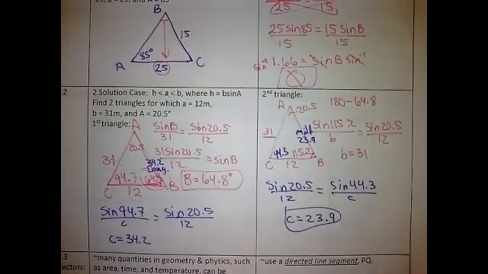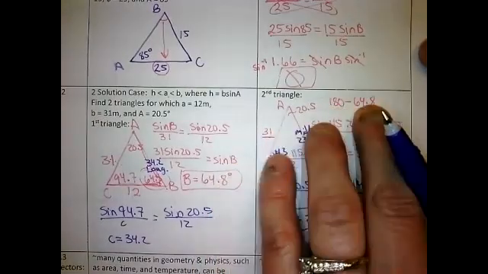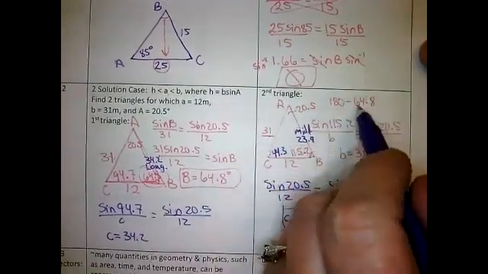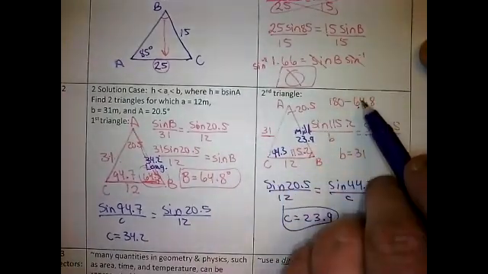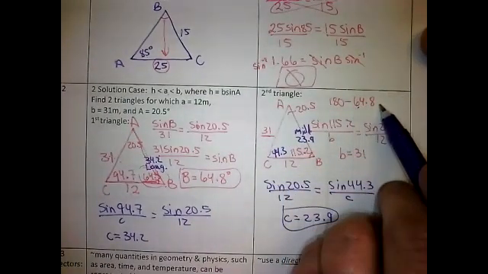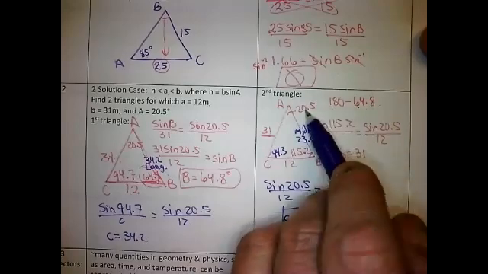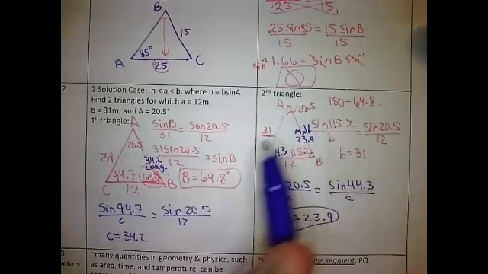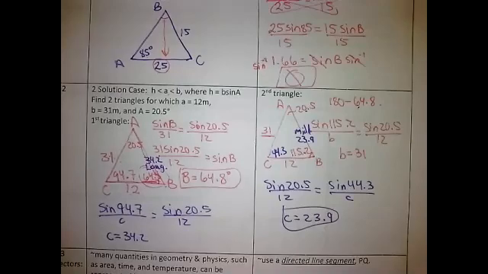Another thing to pay attention to on one of the worksheets: you might get something really small, you know, a 2 or 3 degree angle. That's okay. Remember, as long as there is any angle measure, it works. Now, if I was doing 180 minus, I don't know, 160, and then minus that 20.5, I would know that I wouldn't be able to make a triangle here, so it wouldn't work.